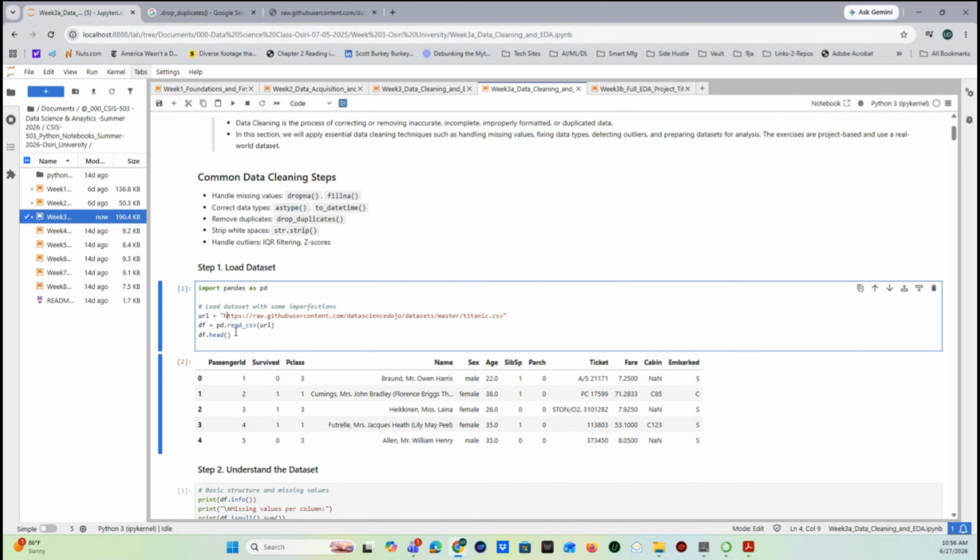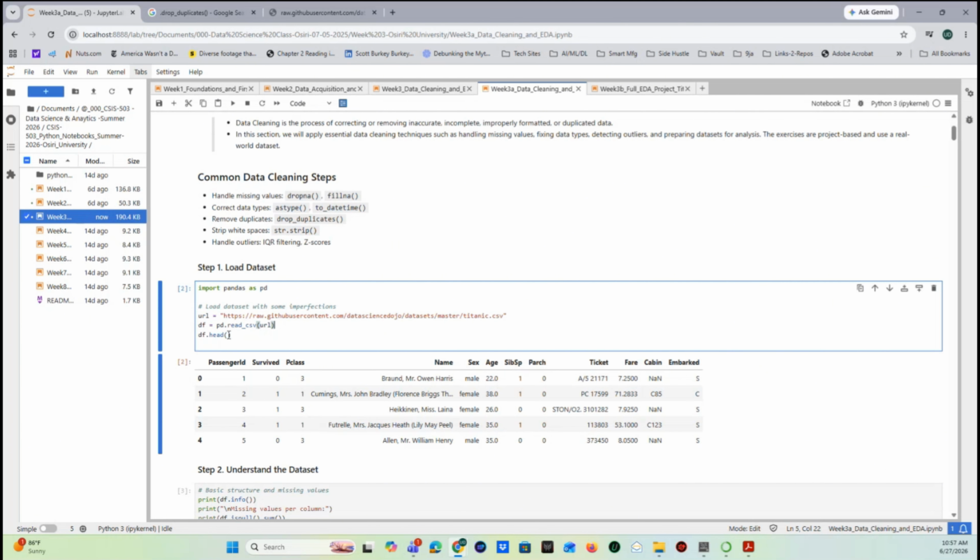And then once we do that, we want to convert it into a data frame. That's why you have your pd.read_csv, and then you put in your URL here. And then after that, we want it to print out the head, which is typically 5 rows. It's more than 5 rows, and you're going to see that.